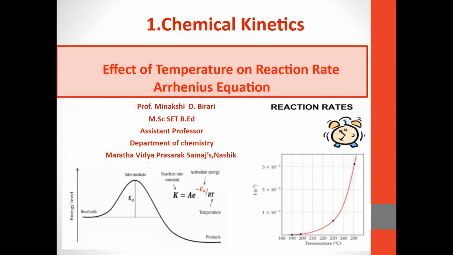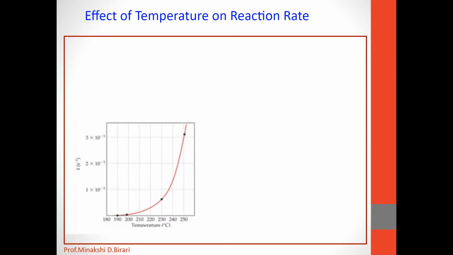Today we are going to discuss the effect of temperature on reaction rate and also the derivation of the Arrhenius equation. We know that generally an increase of temperature increases the rate of reaction. In homogeneous reactions, the rate becomes doubled or tripled for each 10 degrees Celsius rise of temperature.